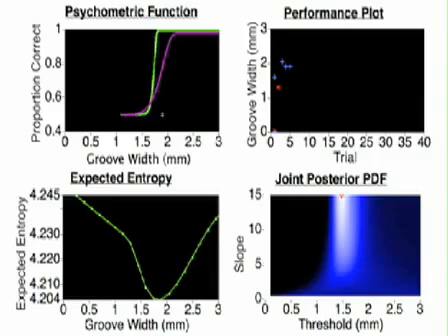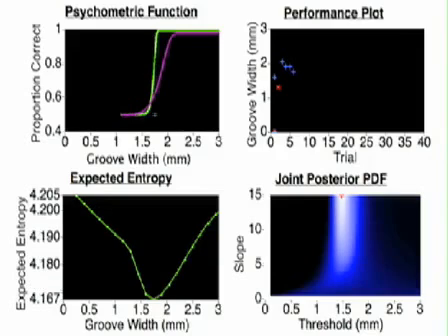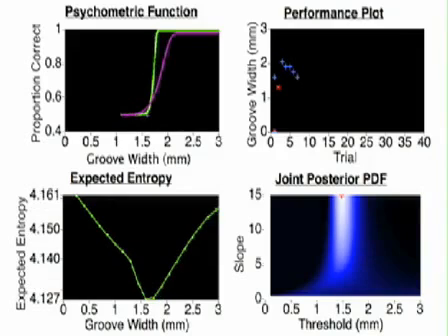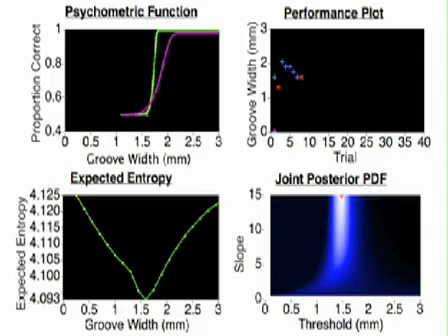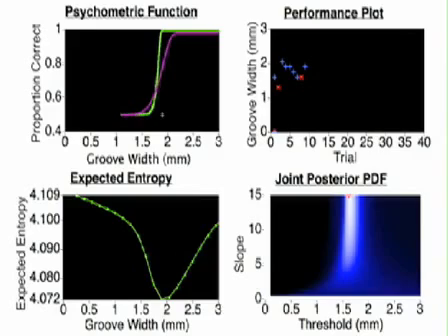The plot in the top right corner displays a record of the subject's performance over a block of trials. As shown previously, a red X indicates an incorrect response, and a blue cross indicates a correct response. At the beginning of the experiment, we are uncertain about the shape of the subject's psychometric function.